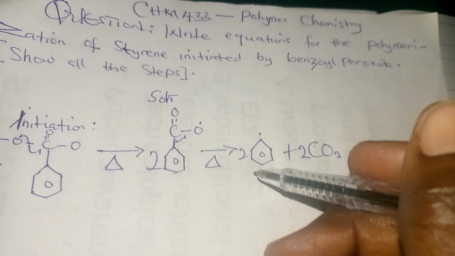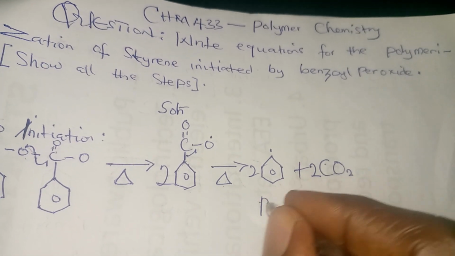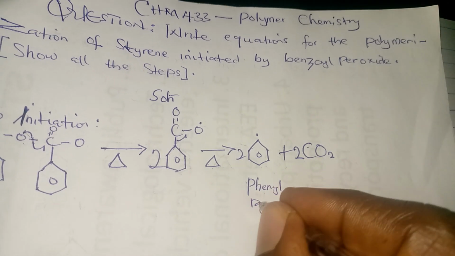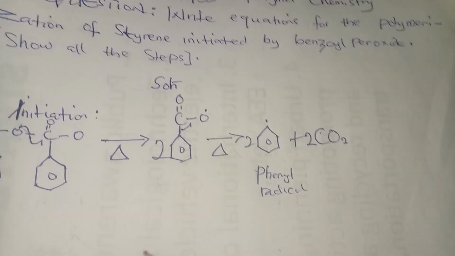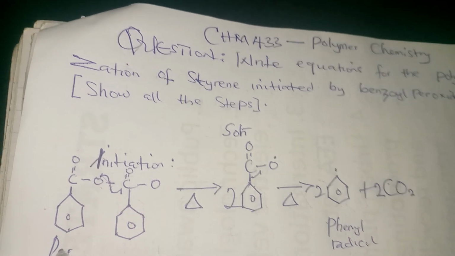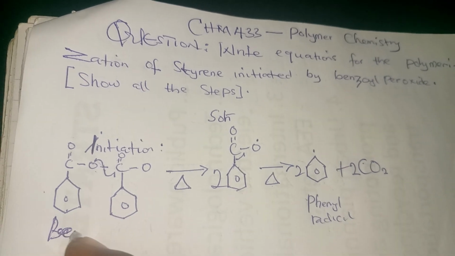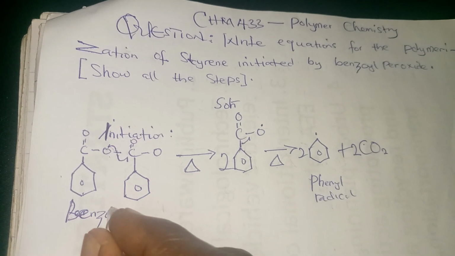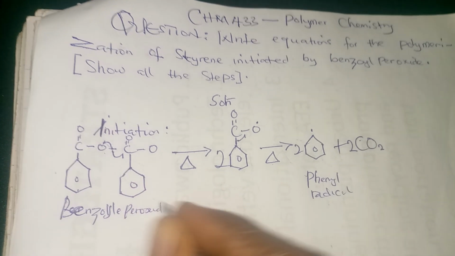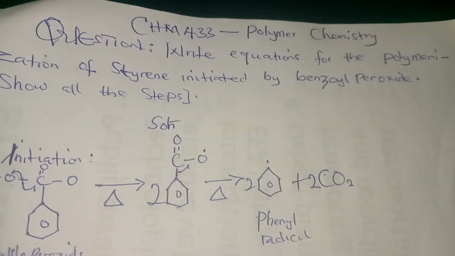So we have gotten what we needed. This is the phenyl radical. This is my benzoyl peroxide.